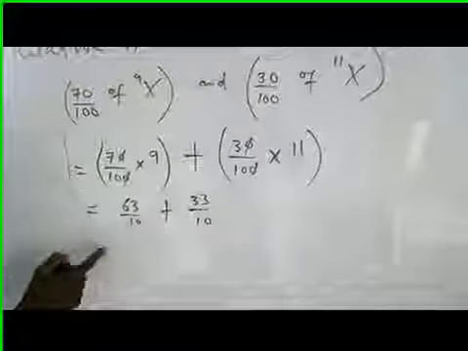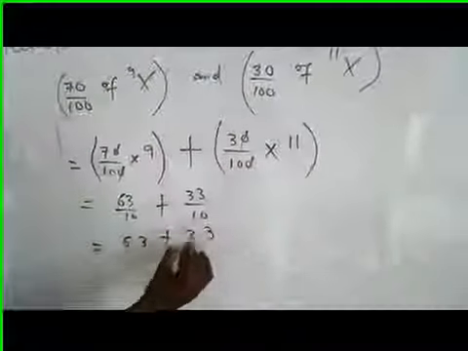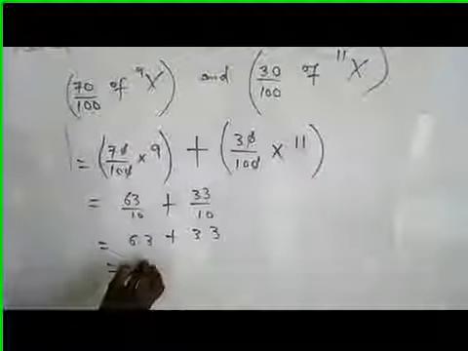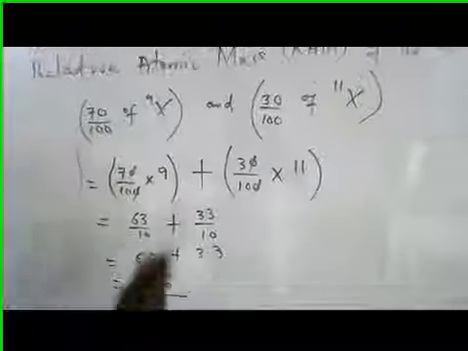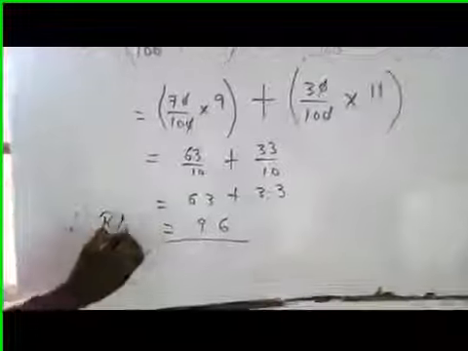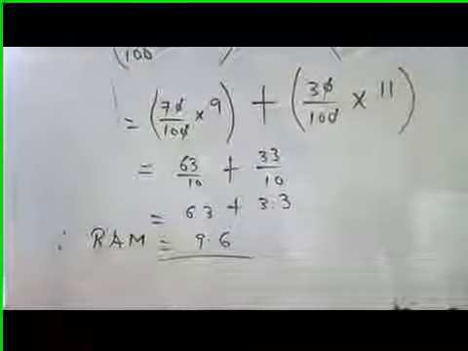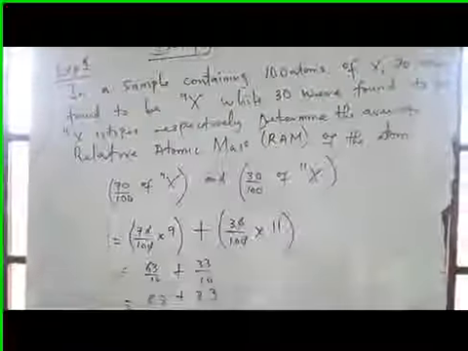When you divide this, you get 6.3, and you divide this, you get 3.3. Add them together, that will give you 9.6. So the RAM of the atom in question will be 9.6. Now let's consider chlorine also in example 2.